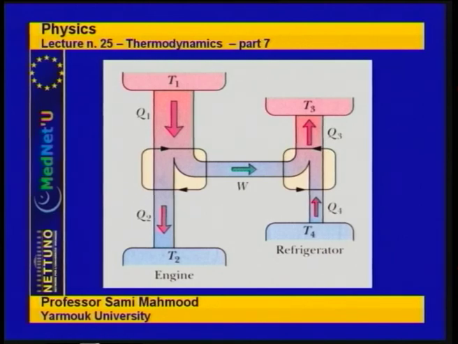heat Q sub 4 from the low temperature reservoir and exhausting Q3 to the high temperature reservoir, operated by work W. This work is provided to the refrigerator by a heat engine, and the heat engine is operating between a high temperature reservoir T sub 1 and a low temperature reservoir T sub 2, where it extracts energy Q sub 1 from the high temperature reservoir and exhausts heat energy Q sub 2 into the low temperature reservoir.